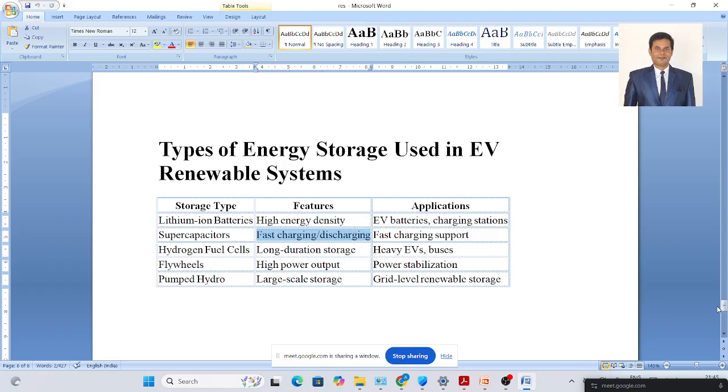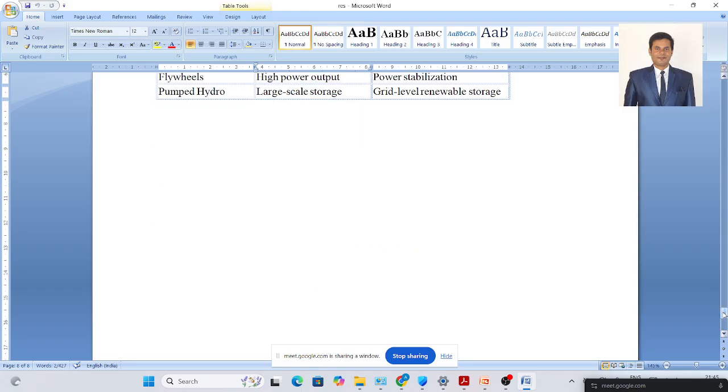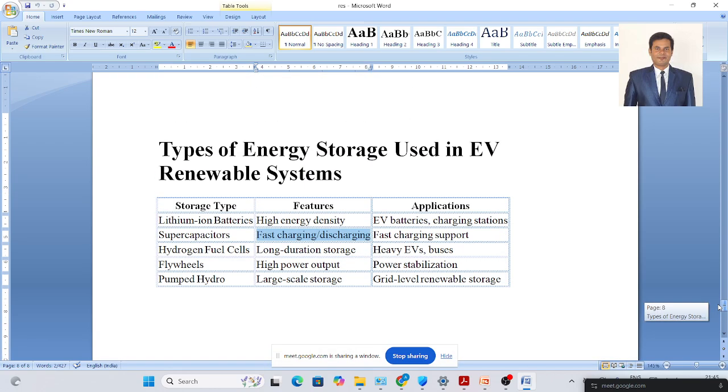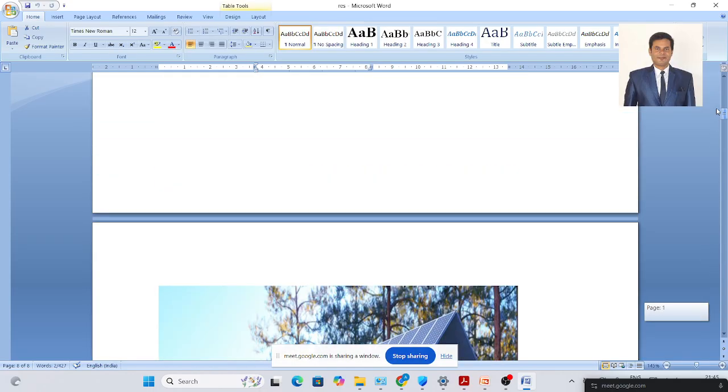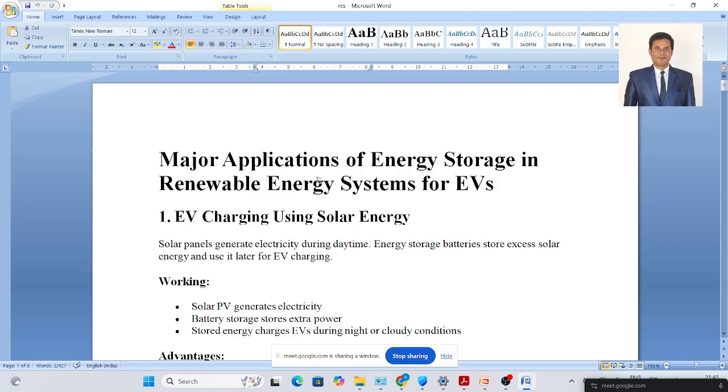So these are the various applications, all right? These are the major applications of energy storage in renewable energy systems for your EVs as well as microgrids.